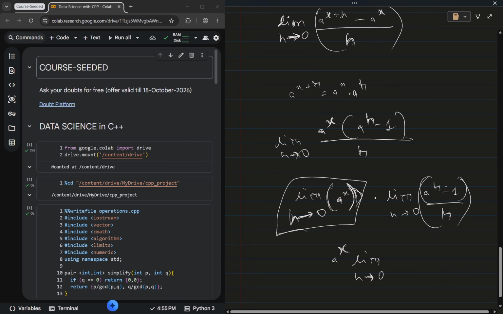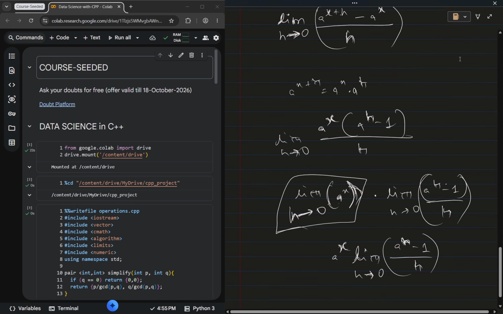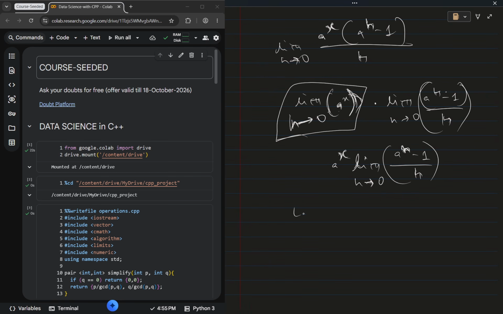Basically, it's not a constant, but it's a variable constant with respect to h, so we can just directly remove it from the limit. Then you have your (a to the power h minus 1) by h. So after this, you can just write that this is your limit, call it LA, equals the limit of h tending to 0 of (a to the power h minus 1) by h.